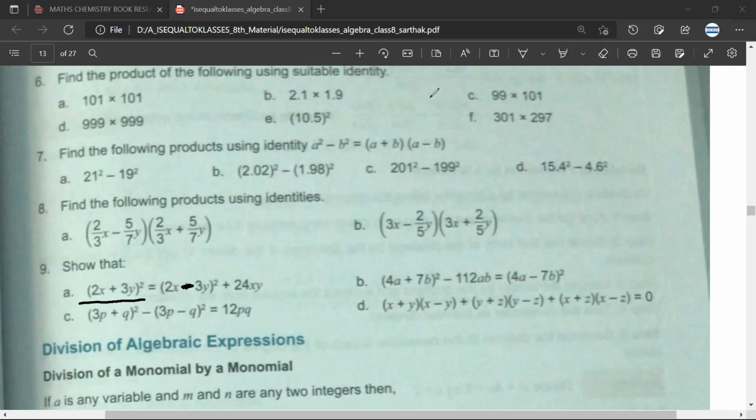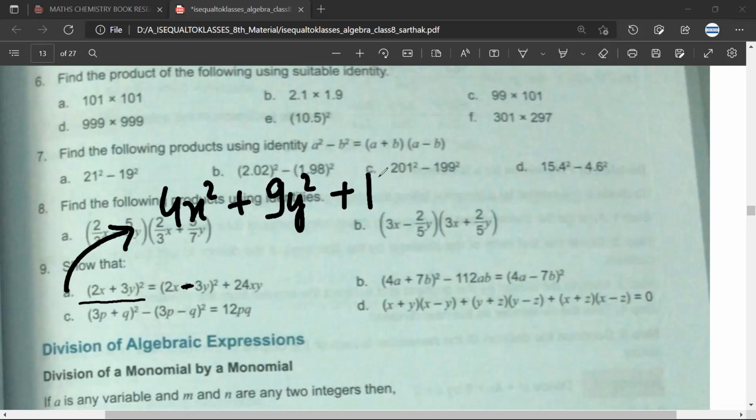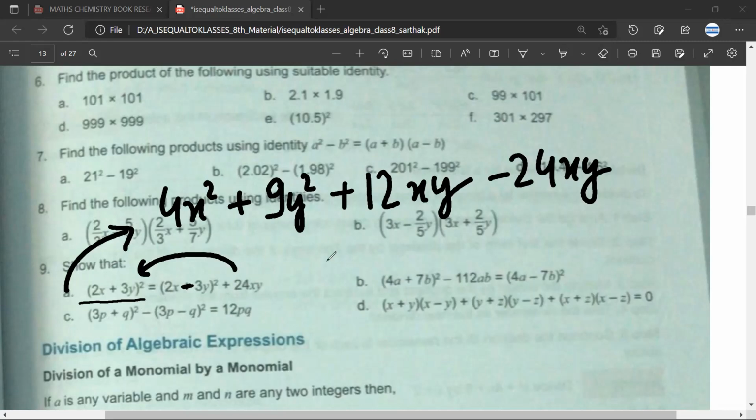Because, okay, let me do this for you. This would be 4x square plus 9y square plus twice of 2x into 3y. So 3 sixes are 12, 12xy. And if there is a minus 24xy, because this is plus here, and when it comes to this side, this will be minus 24xy.